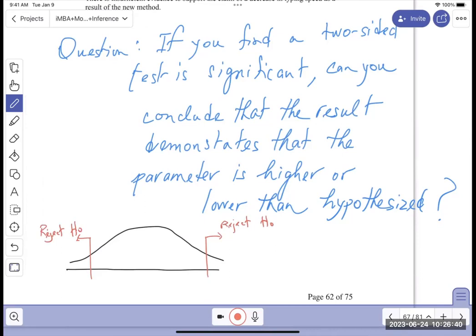Now, remembering that this and this are the alpha, not the p-value. So if you've rejected, it means that your test statistic is over here somewhere. It's either in this blue area, or this blue area. So let's say it's here.